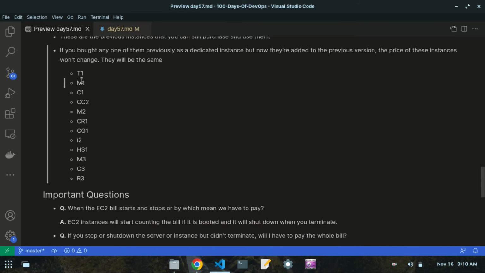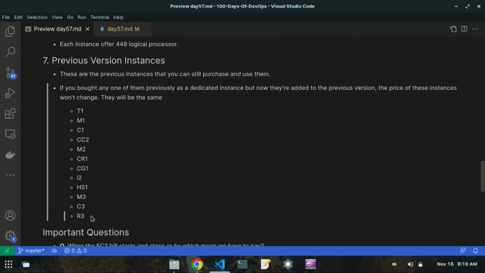So basically Amazon is preferring other instances over these instances, alright? And these instances are added from different instances, like T1 is added from the T series, M1 is added from the M series, and the list goes on. So you need to find those instances and find where the T series is present.